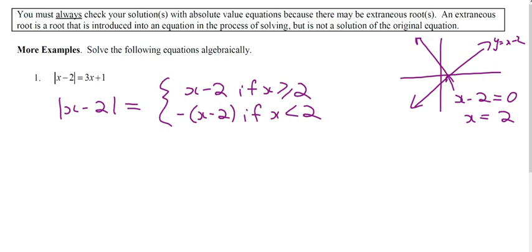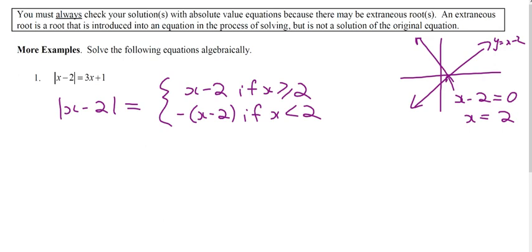Okay. So the original step 1 was isolate the absolute value. It is isolated, right? So we don't have to do anything. Look at the cases, split it up into a piecewise function. Split the equation into 2 cases and solve for each case.